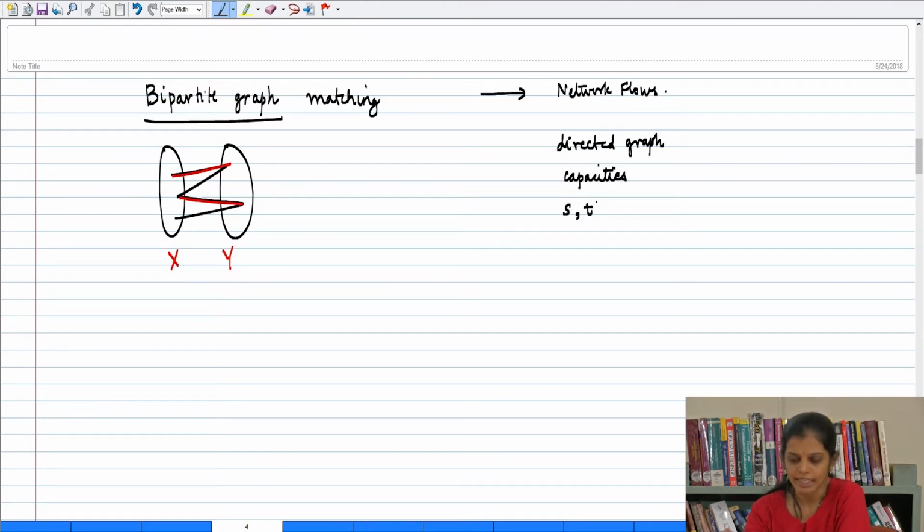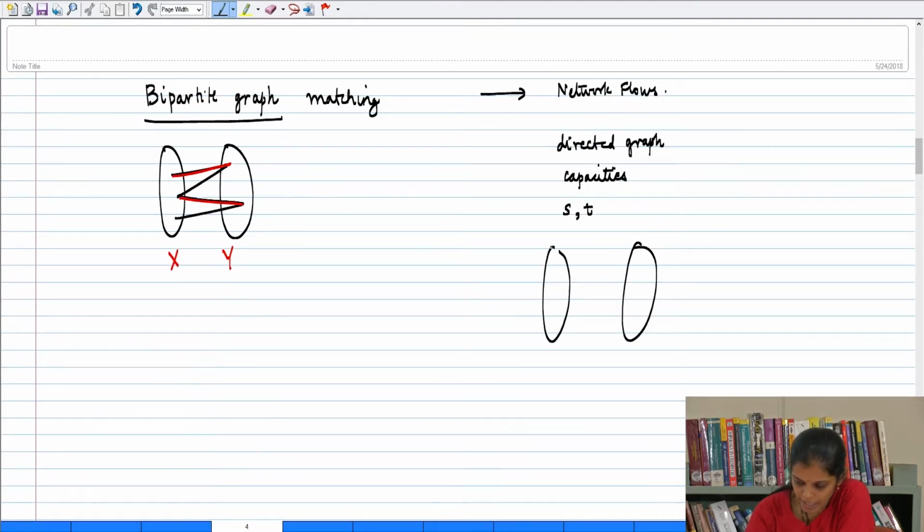So I am going to set up the directed graph, I am also going to set up S and T, and you are going to tell me what the capacities are. So I will keep the internal structure of the bipartite graph as it is, but all the edges between x and y I am going to direct from x to y. So I will take this example and construct the flow network.